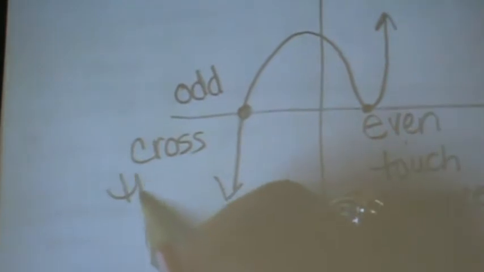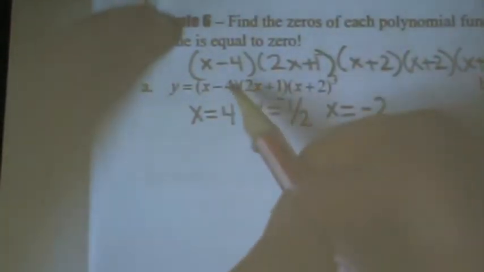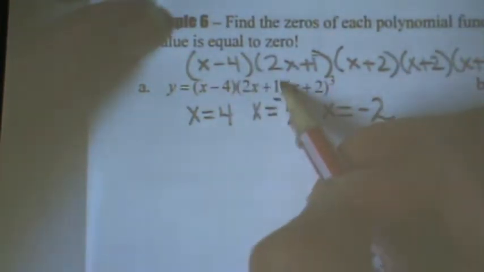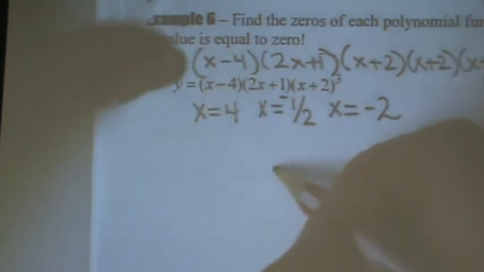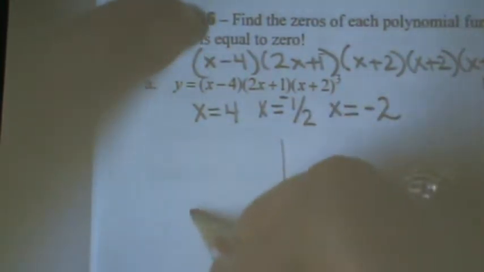It's gonna cross right through it. So, if you look at these 3 zeros, all 3 of these are odd. This is a 1, this is a 1, and this is a 3. They're all odd. So in this picture, it's gonna cross through all these zeros, okay?